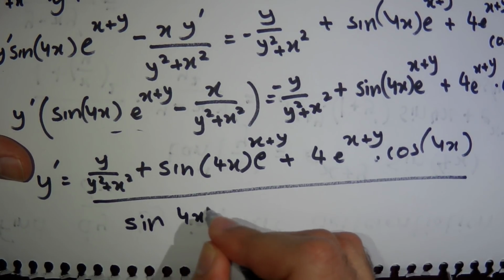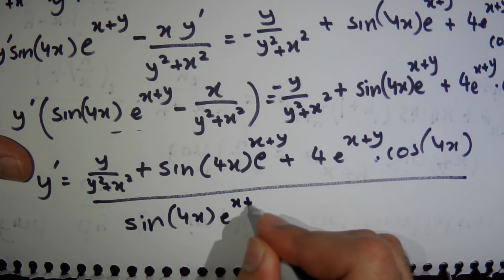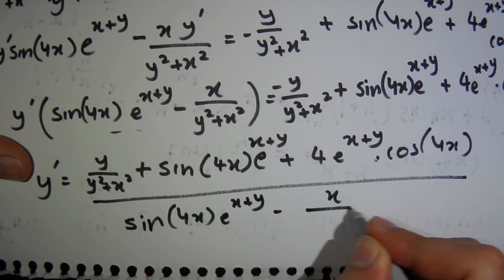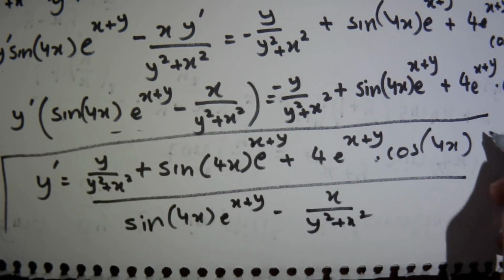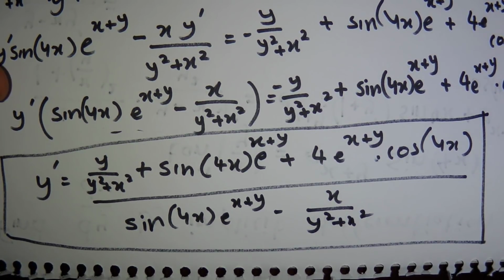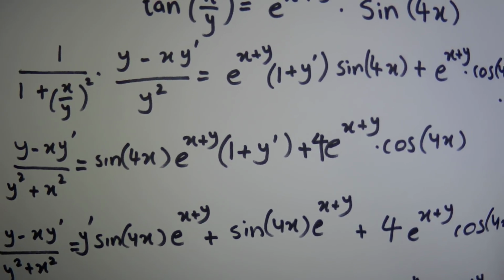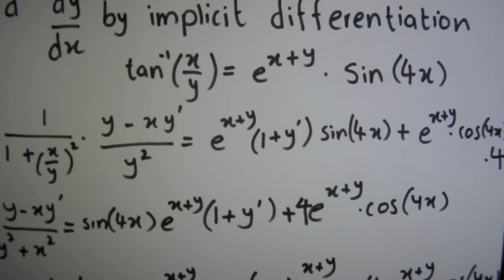Sine of 4x times e to the x plus y minus x over y squared plus x squared. That is our final differentiated form of tan inverse of x over y. Thank you.